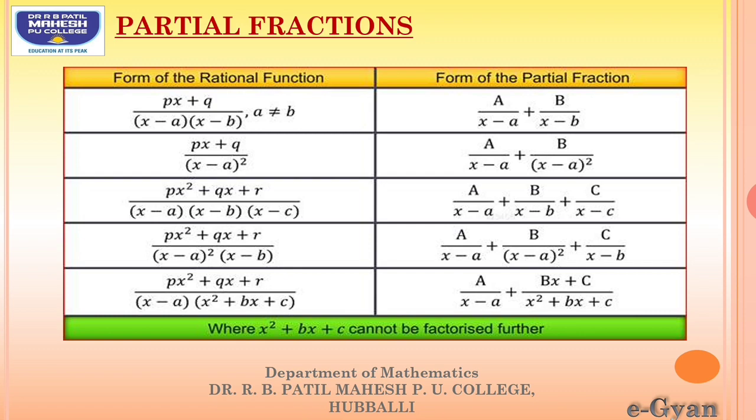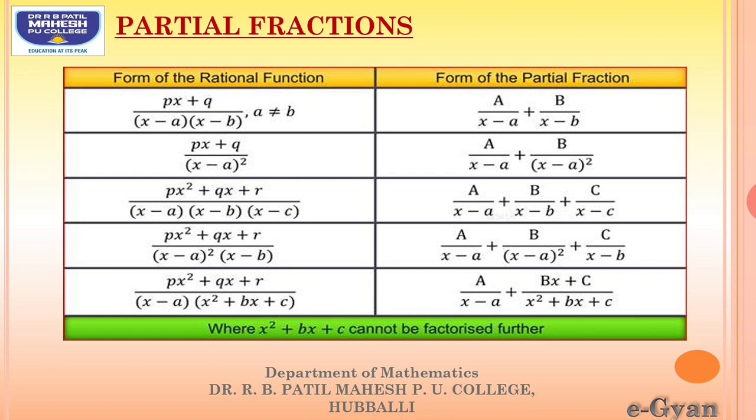When the given term is a proper fraction, we can easily convert it into partial fractions. So the second form is (px plus q) by (x minus a) whole square equals A by (x minus a) plus B by (x minus a) whole square.